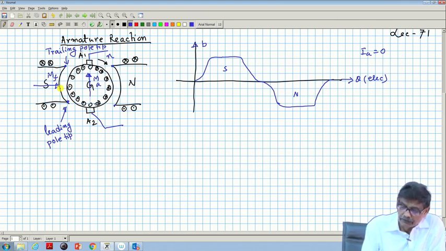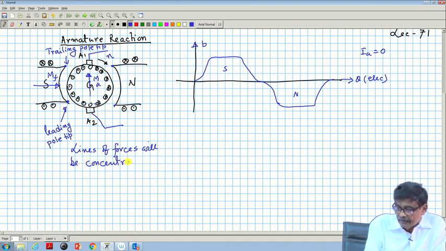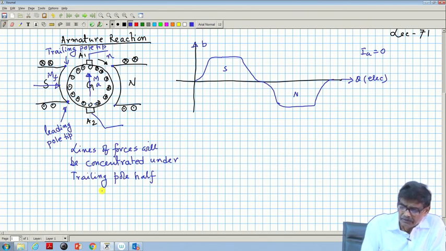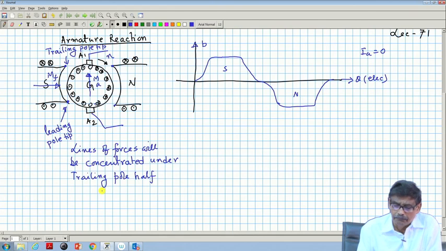Therefore, in the generator mode, remember, lines of force will be concentrated in the trailing pole half. This can be called the trailing pole half, this is the leading pole half. Lines of force are concentrated under the trailing pole half, and they will be rarefied under the leading pole half, we know that.